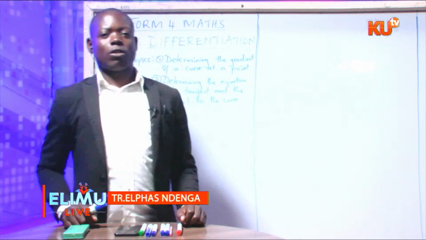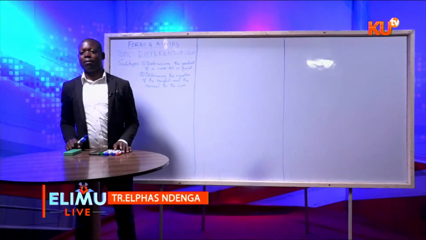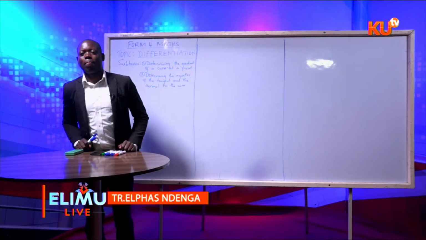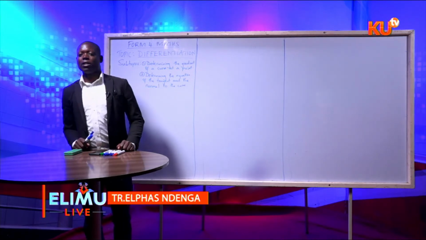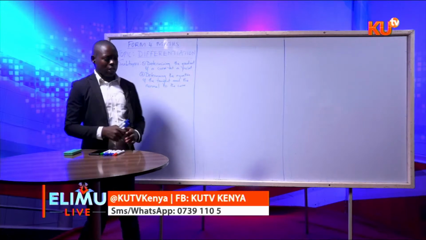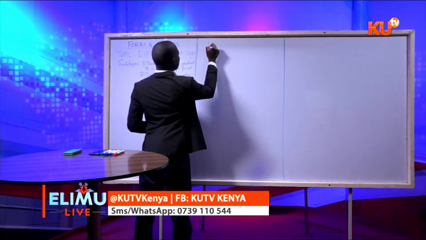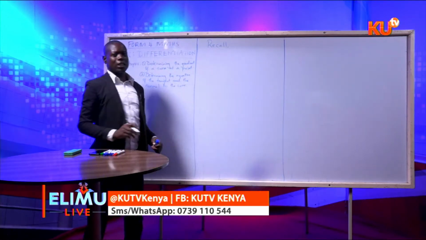To start us off, students, I hope we all recall what was covered in the introduction part of the topic differentiation, where you discussed the general principle of differentiating polynomials. That is what we shall review first before we look at our two areas. So we shall make a recap of what we learned last time.